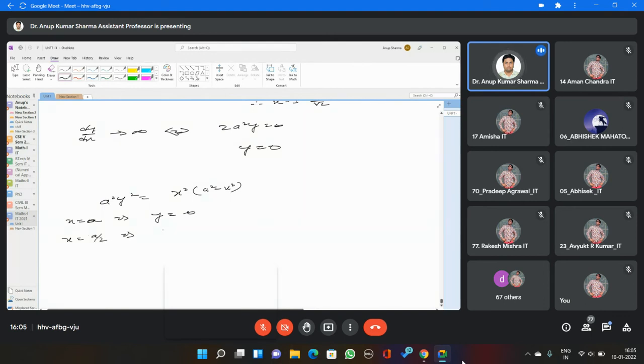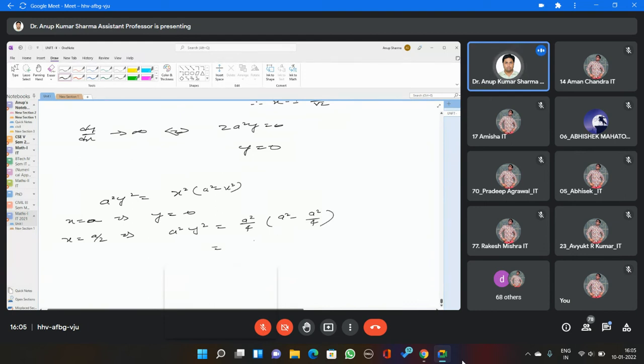This implies a square y square is equal to a square by 4 times (a square minus a square by 4).